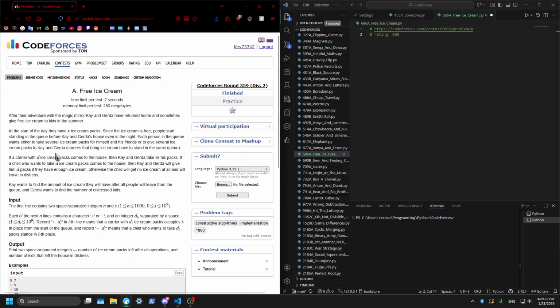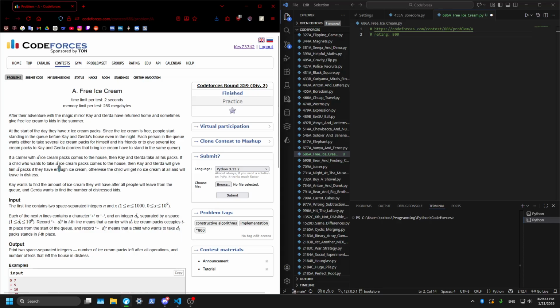If a carrier with the ice cream packs comes to the house, then Kay and Gerda take all his packs. If a child wants to take the ice cream packs, then we'll give them D packs if they have enough ice cream. Otherwise, the child will get no ice cream at all and will leave in distress.